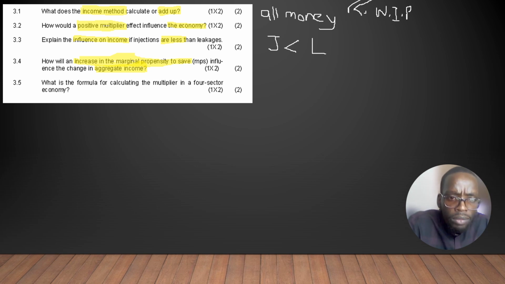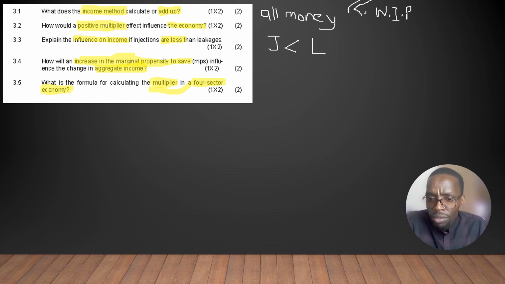The formula for calculating the multiplier is what I want, and this multiplier is for a four-sector economy. What we now know is that a four-sector economy is an economy that has the foreign sector. Now let's just have the formula for our four-sector economy.